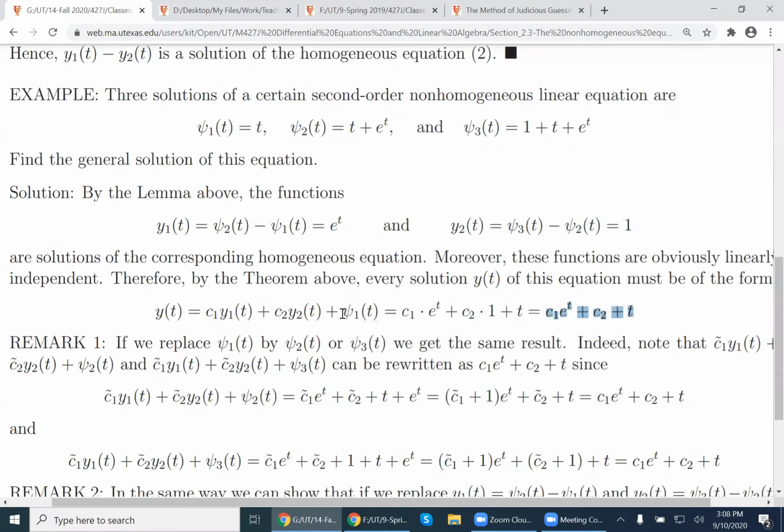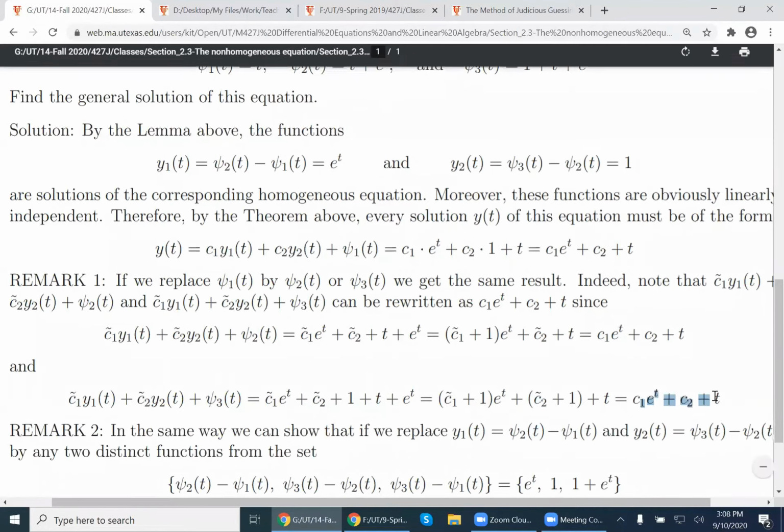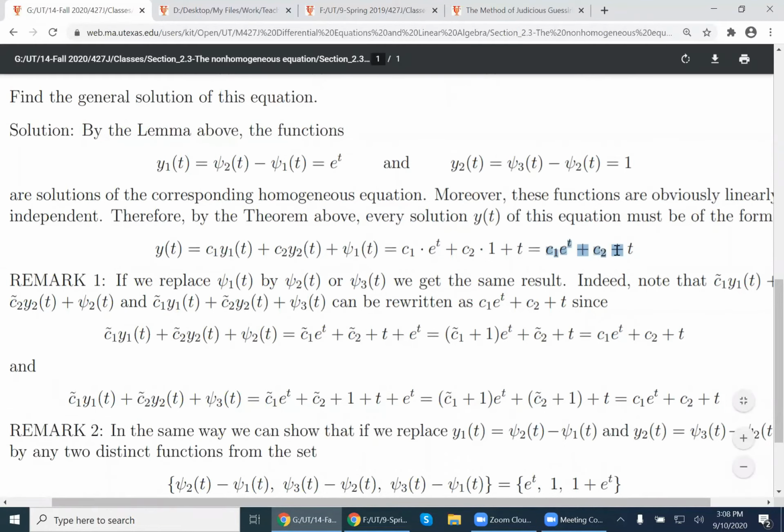Similarly, if we replace psi1 by psi3, we will get this. And now combine together these 2 expressions, done. And these 2 expressions, done. Denote this by c1 and this by c2, we get absolutely the same expression again.